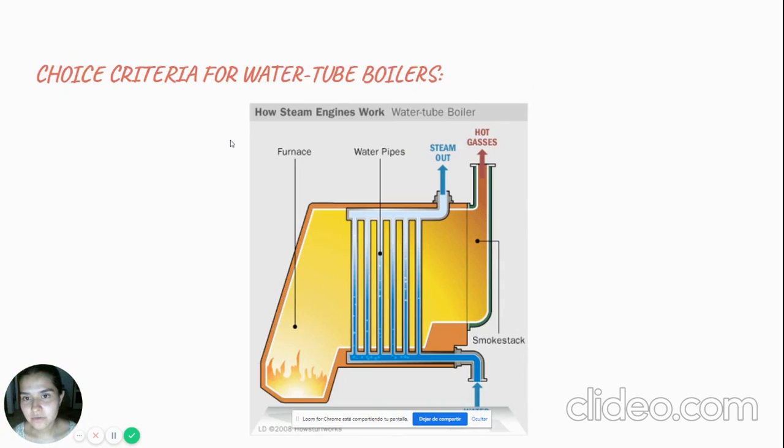Choose the criteria for water tube boilers. They can be designed for any pressure. Smooth tubes or tubes with fins over specific surfaces can be used. When gases create low transfer or when only a small pressure drop is possible, they perform better than fire tubes.